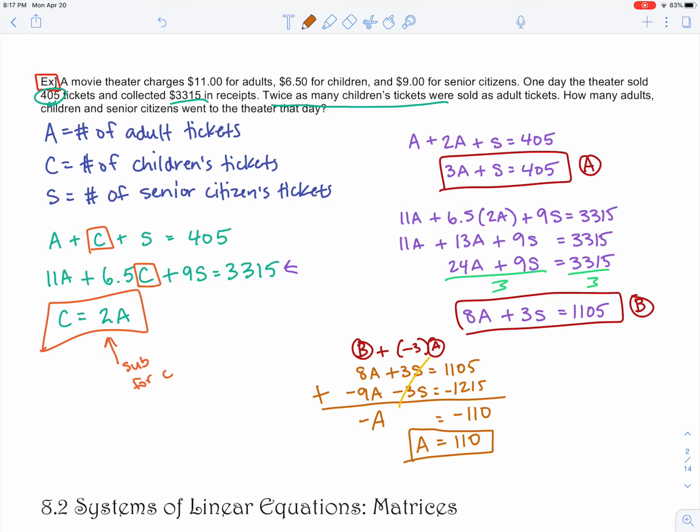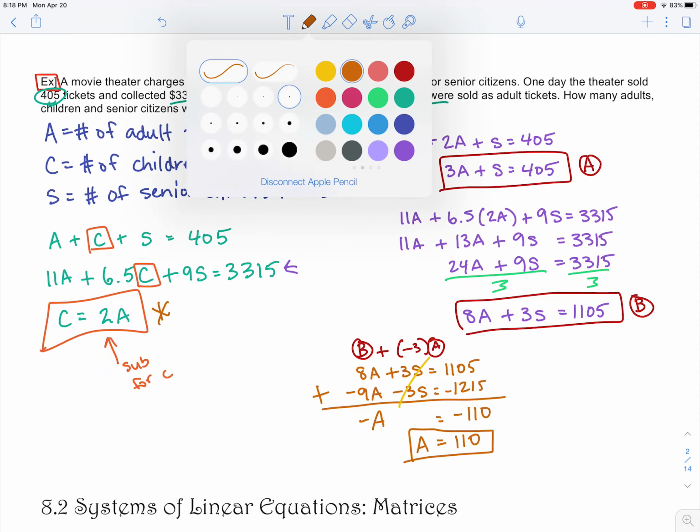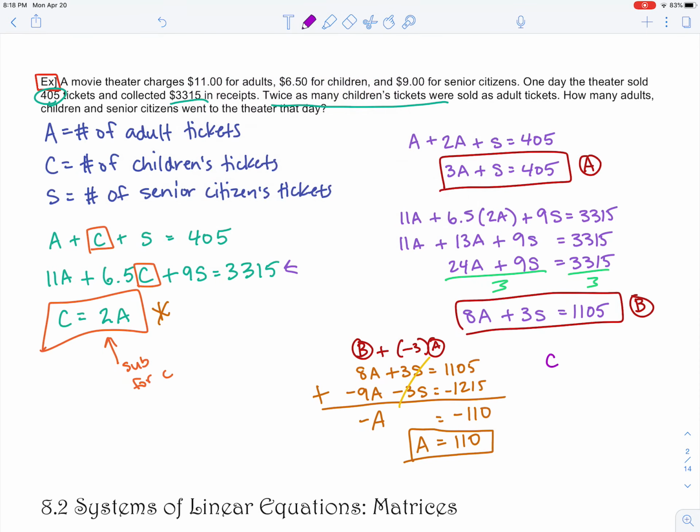Going back to this equation over here, C equals 2A. I can solve for C pretty quickly. So C equals 2 times A, so 2 times 110, so C is 220. Okay, and the last one I need to solve for is S. I can use the top equation, the first one we got.